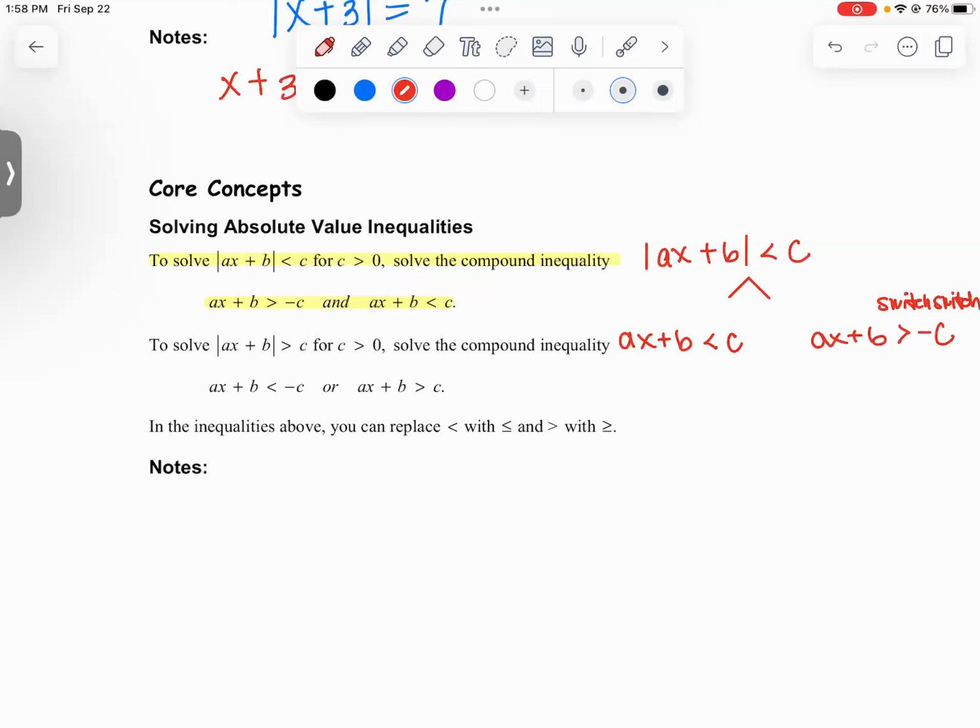When we have the less than, our compound inequality is going to be and.